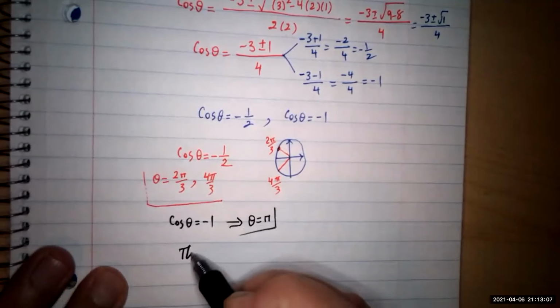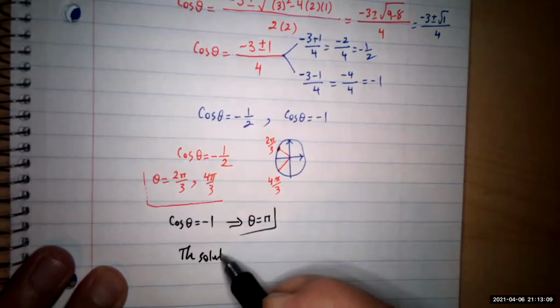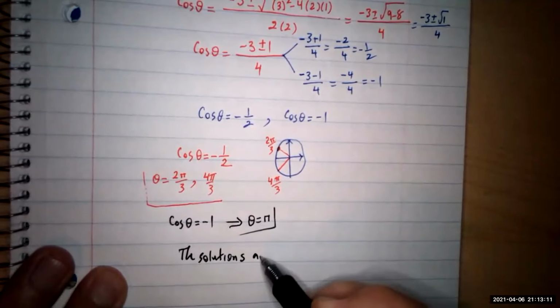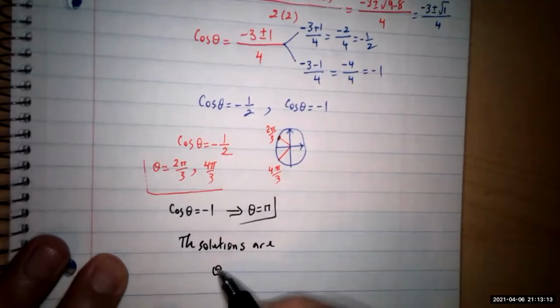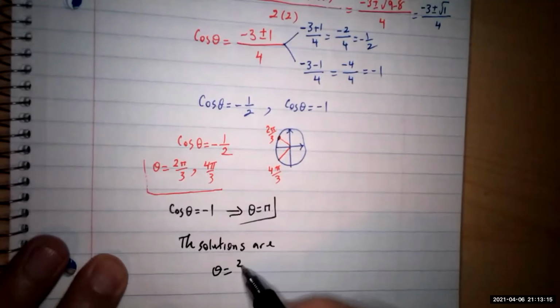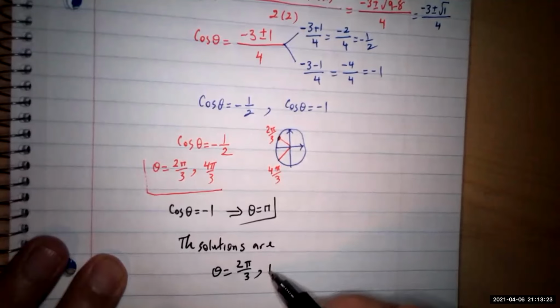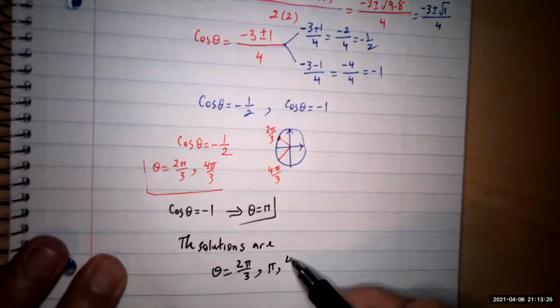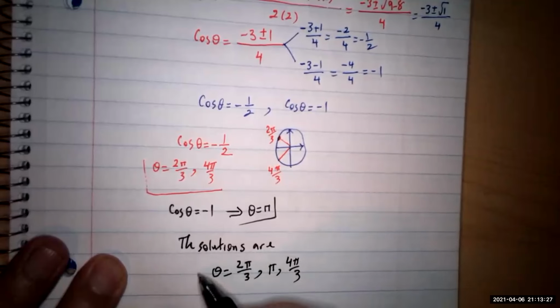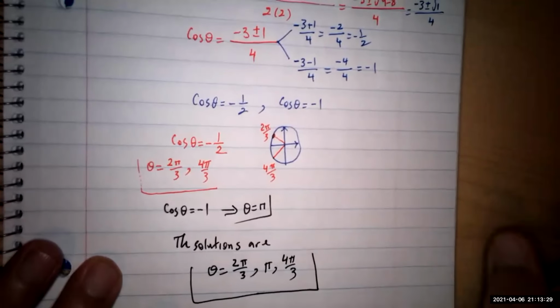So the solutions of the equation are going to be theta equal to 2 pi over 3. There is no order to write it down, but I write it in order. So it's going to be pi and 4 pi over 3. So you have 3 solutions.